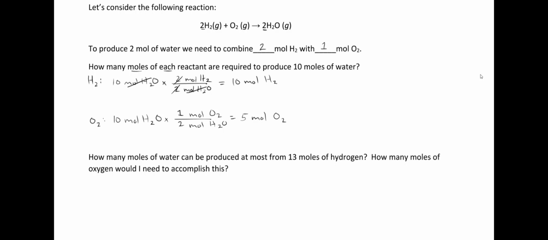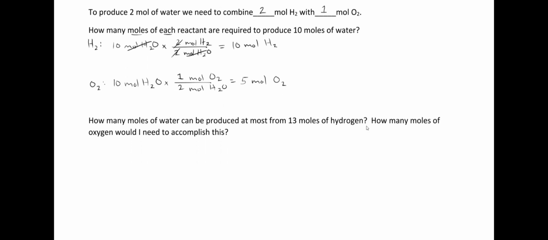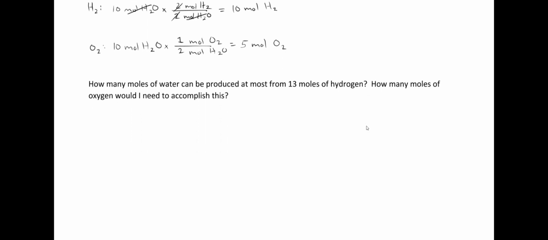How many moles of water can be produced at most from 13 moles of hydrogen? And how many moles of oxygen would I need to accomplish this? So, similar problem here, except now I'm starting with a reactant and I want to figure out how much product. So the first part, I have 13 moles of hydrogen.